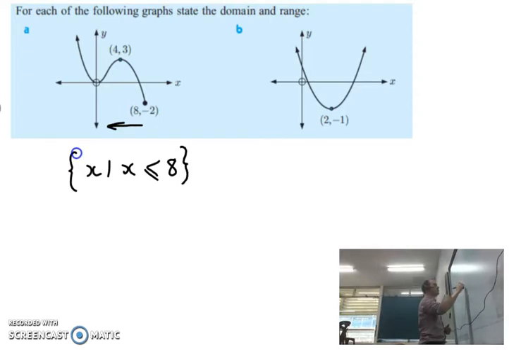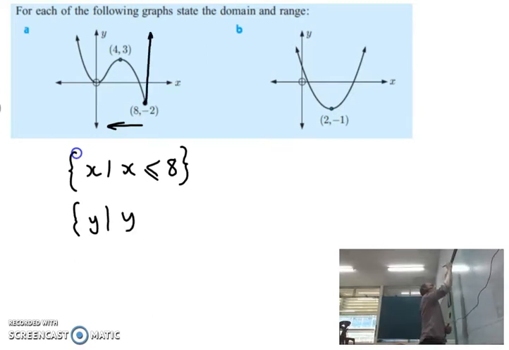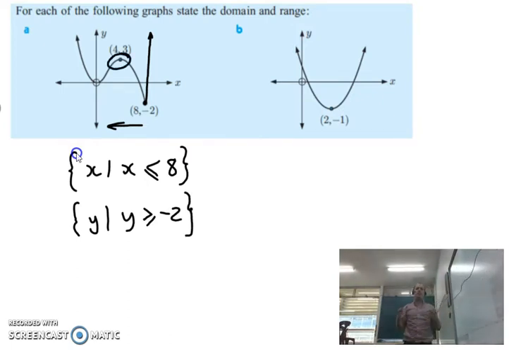And then for my range, it must be greater than or equal to -2. You can see this point here, it doesn't play a role because the values still go higher and they still go wider. This is just what we call a local maximum.